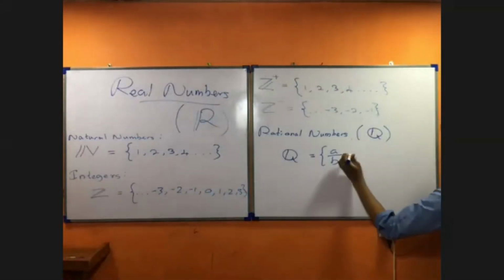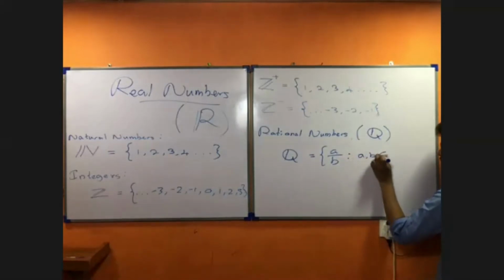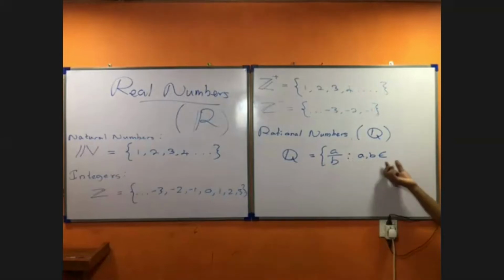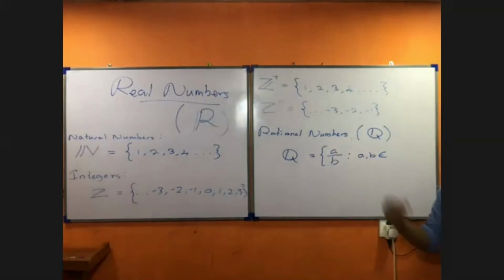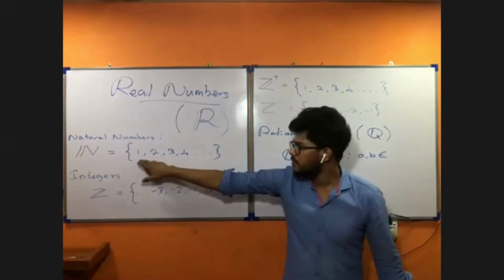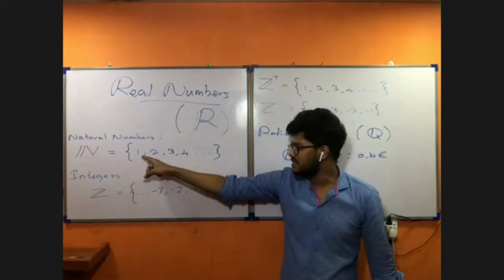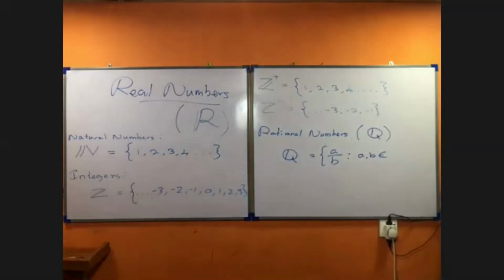So what are A and B? A comma B belongs to, this symbol means belongs to, this is set notation. First you write what A is and what B is. Here you can see we wrote set notation as elements, 1, 2, 3, so this is another way of writing set notation.